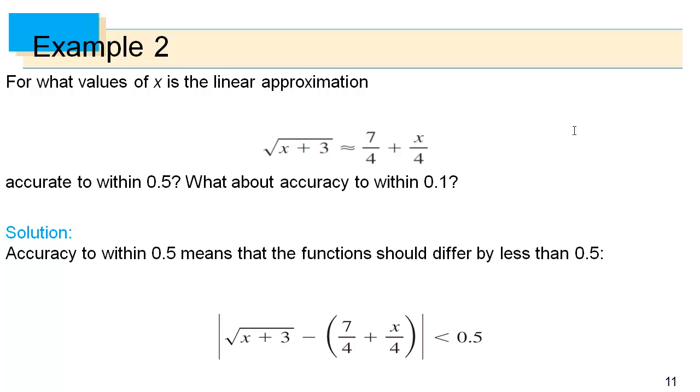We're basically saying if you take the difference between the actual function and the linear approximation, right? How big or small can x go until that difference becomes bigger than 0.5? We want to keep it within a half.